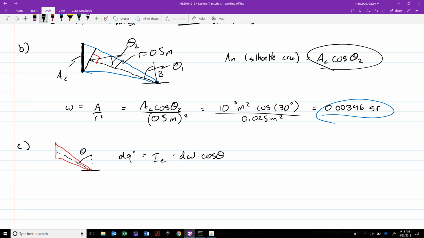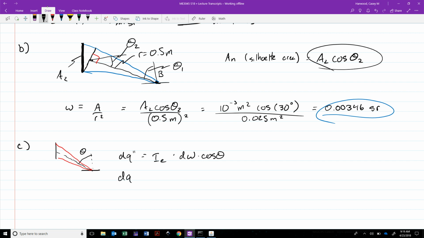What this represents is the amount of energy flux out of this object going in this direction across this small solid angle. Basically, here's how much energy per unit area at a single point on the emitter is being cast toward A2.